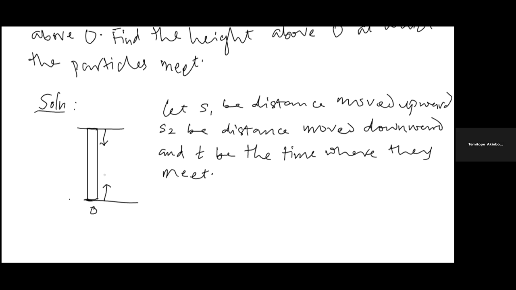Now the question says that at the same instant, another particle is released from rest at a point 10 meters vertically above O. So what does that mean? It means that the total distance here is 10 meters.